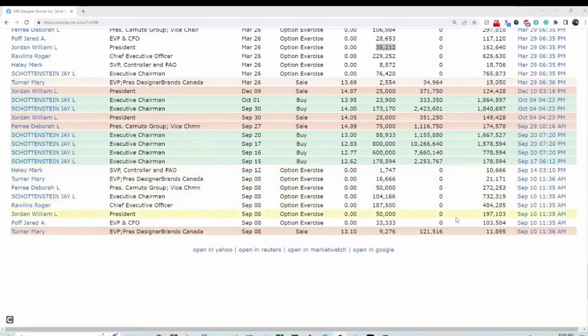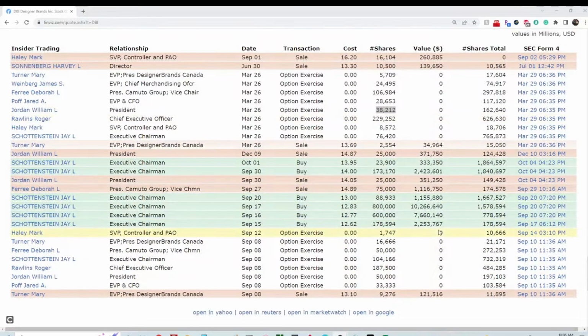Mark Haley, again, it looks like he's gotten more options as time goes on. Mark Haley went from 1,700 to 8,500, and he sold up here. Oh, okay, I see. The 10,000 with the 8,500, I think. Yeah. But still, I don't know if he sold out all of them here. I don't know if it's a Finviz thing or what. So nothing really red flaggish.